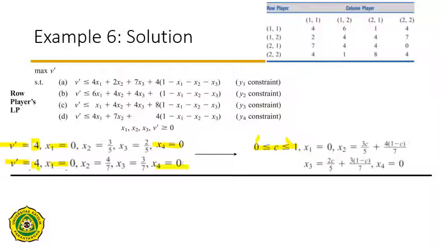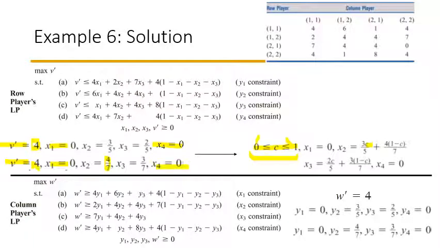But then x2 equals 3/5 times c plus 4/7 times (1 minus c), and x3 equals 2/5 times c plus 3/7 times (1 minus c). It means that if you plug in any c value between 0 and 1, you will get a point, and that point is an optimal solution for the row player.